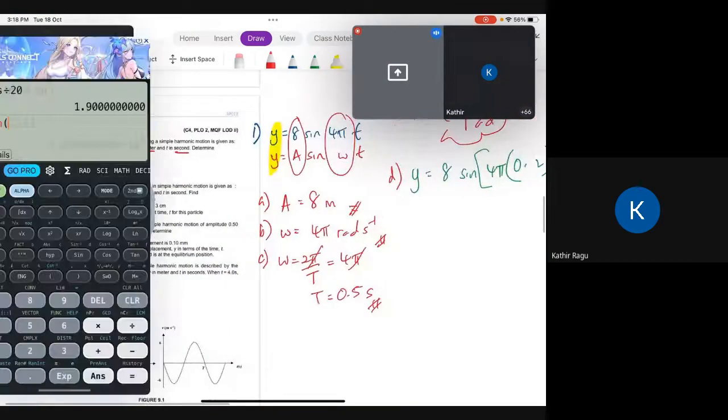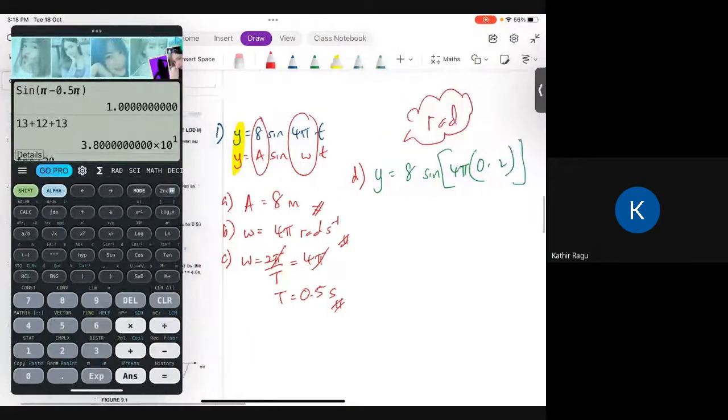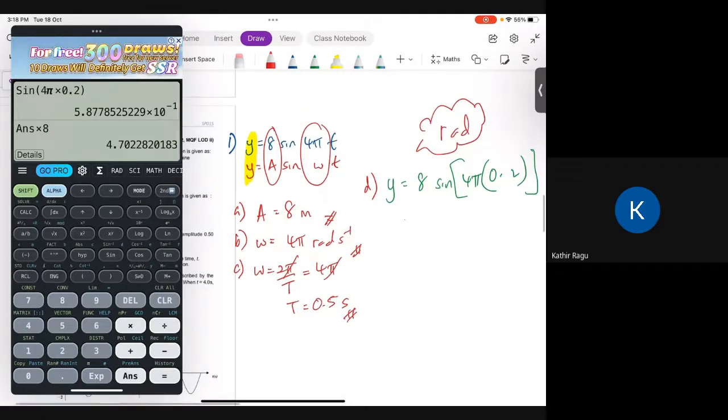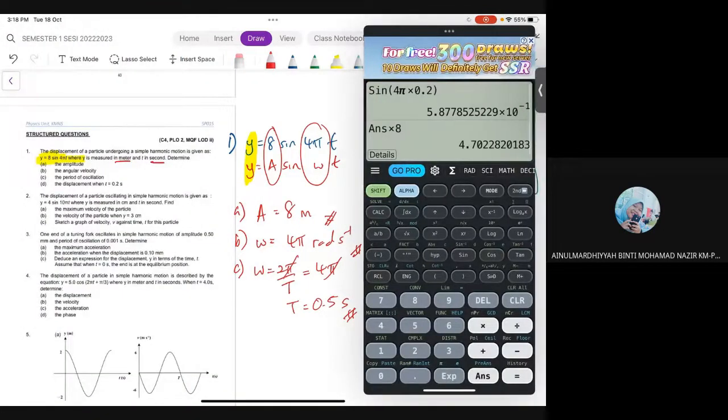So dia akan jadi sin 4 pi darab 4.7. pi darab 0.2. Okay, 4.7. so darab 8. So dapat jawapan 4.7. Unit adalah apa kalau displacement? Meter. Okay. Tak nak menyebut lah.